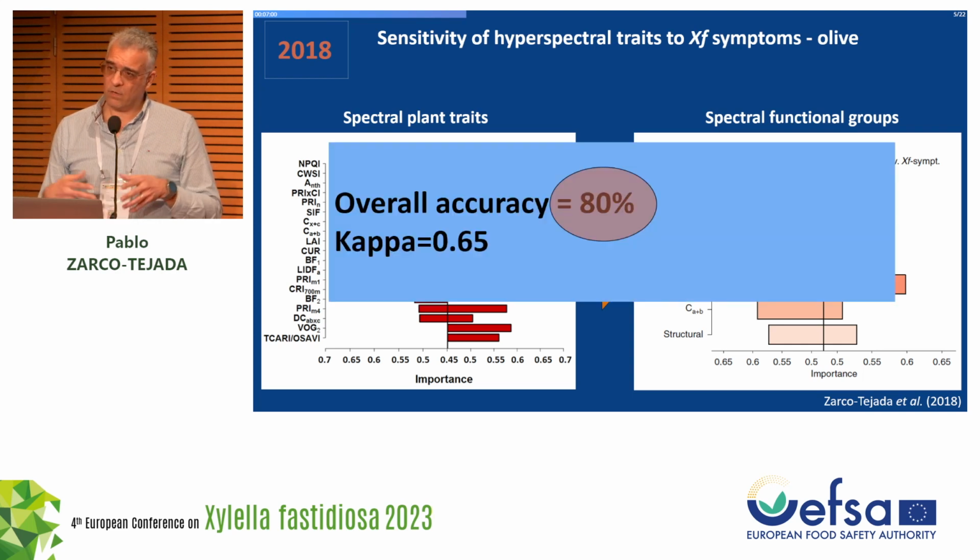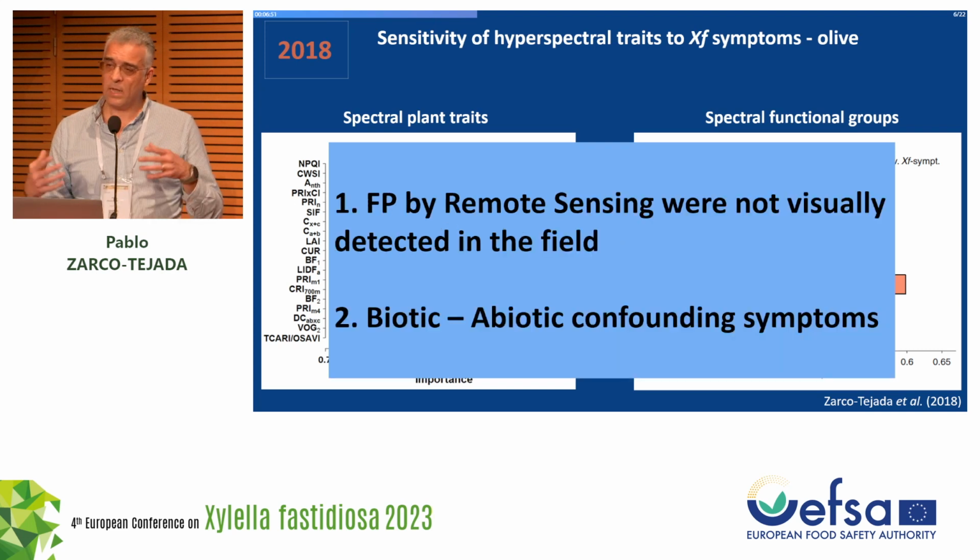That overall accuracy of around 80%, which initially was quite good news, we tried to evaluate what was the reason behind not getting higher than that. There were two main reasons that led us to feel we needed to make some additional progress.